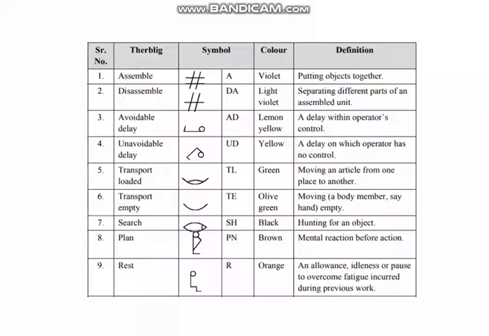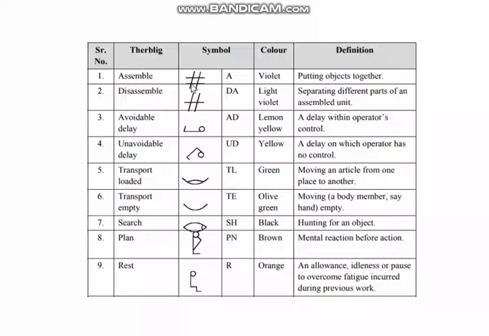Now let us see. The first Therblig is assemble. To assemble, what is the symbol? You are seeing a symbol like a hash type symbol. Okay, two forward leaning lines and two horizontal lines.